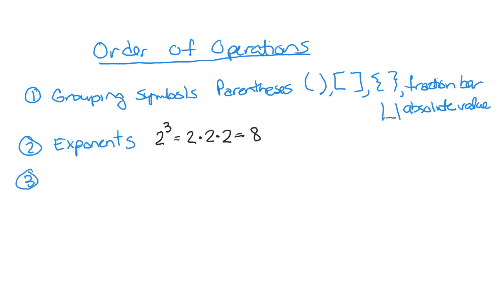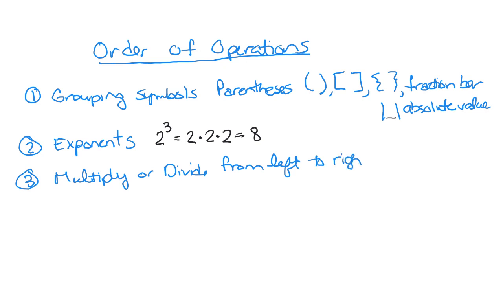Third step, multiply or divide, from left to right. When you take a look at your expression from left to right, it can be a multiply sign or a divide sign. It doesn't matter. Whichever one occurs first is the one you have to do.